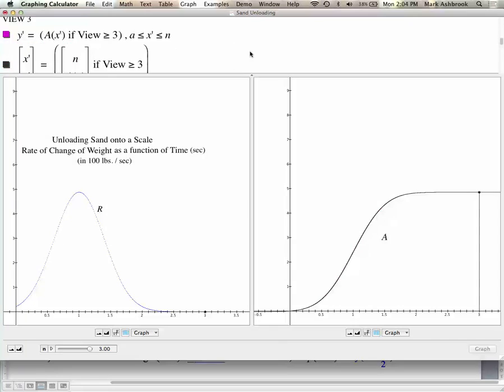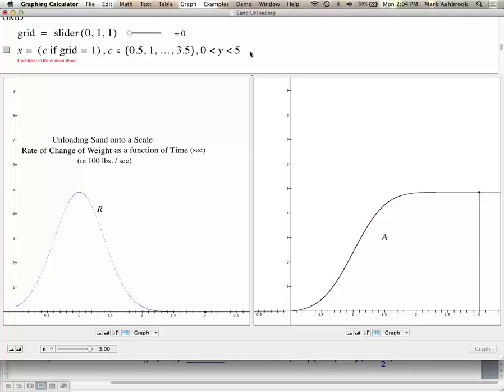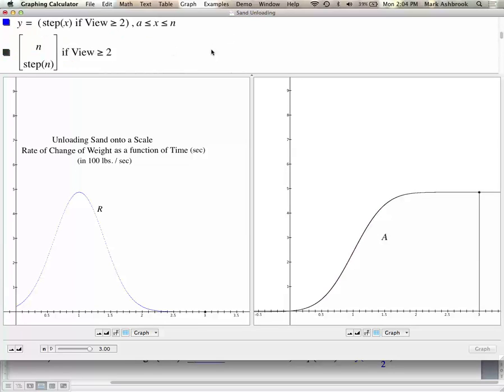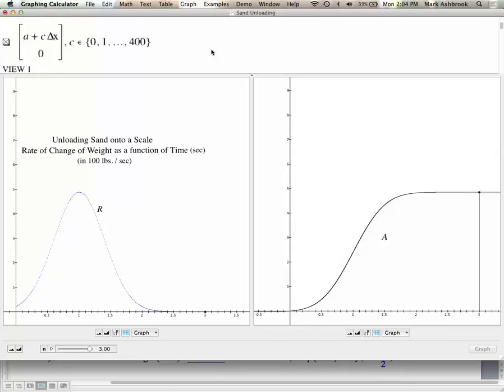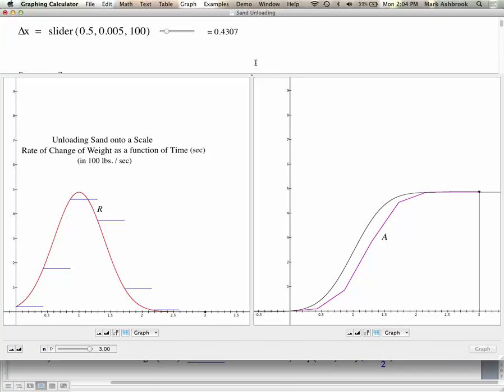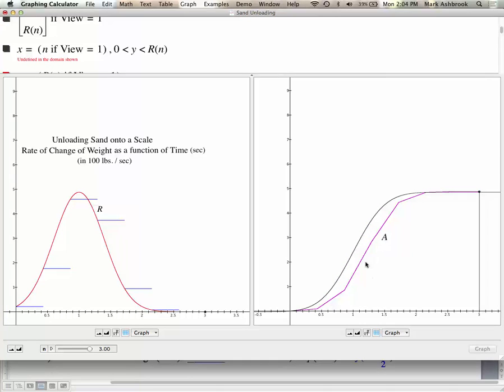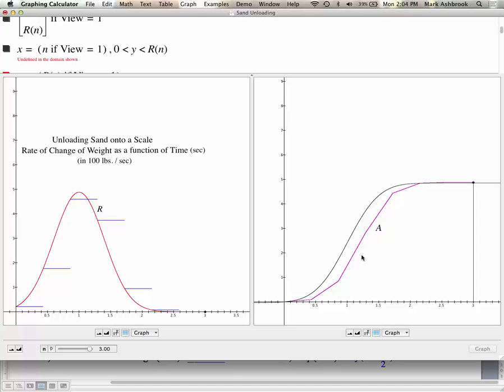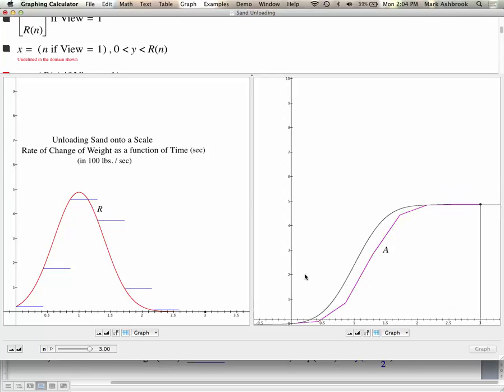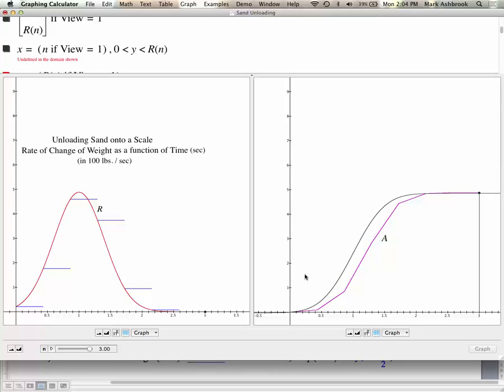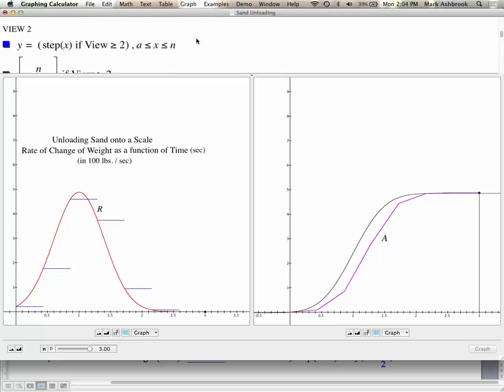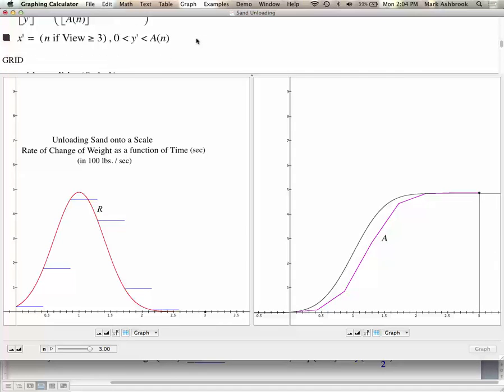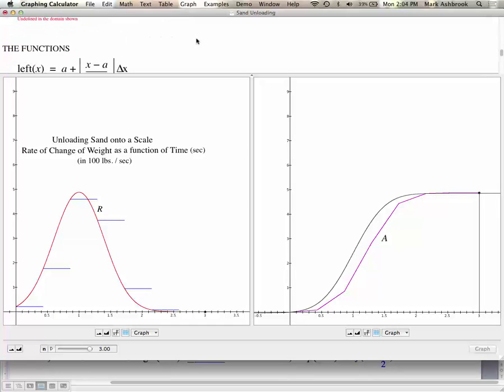Okay, so down here. When I started, I showed the exact and the approximate, right? Let me just put that up. So there's an approximate value of accumulation and the exact. How did I graph that exact? Well, you can graph integral expressions, integral functions, on the Graphing Calculator.